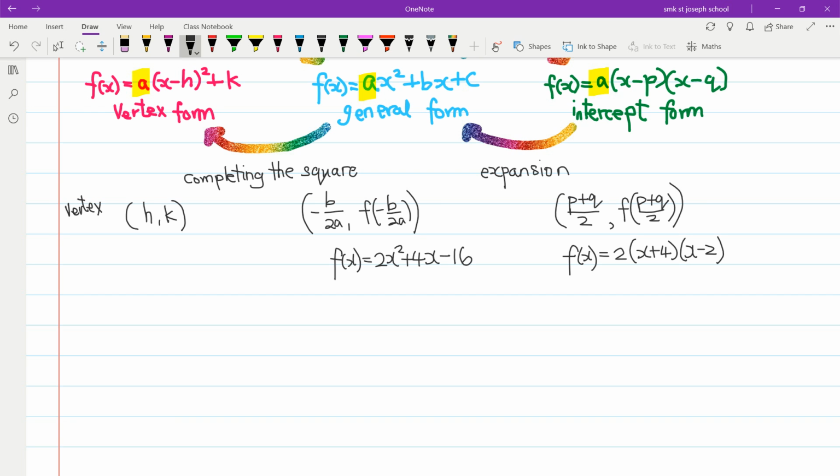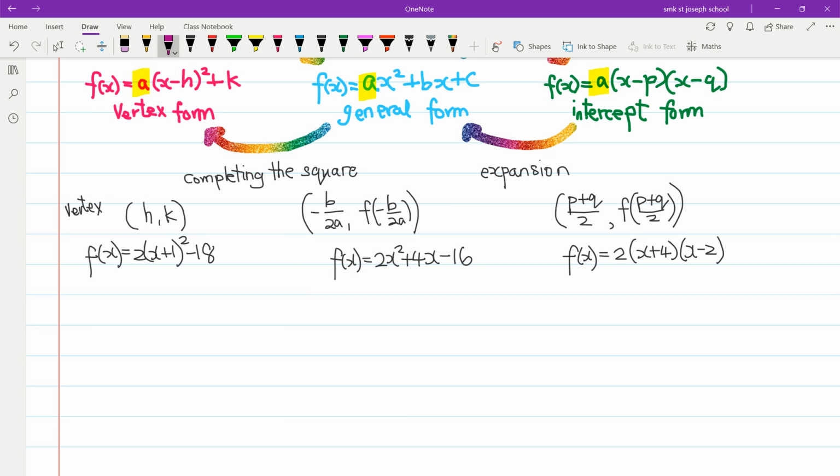And also we managed to get our vertex form by completing the square: 2(x plus 1) squared minus 18. So we are looking at the same quadratic function here, just that the function is expressed in 3 different forms. Okay, let's start.